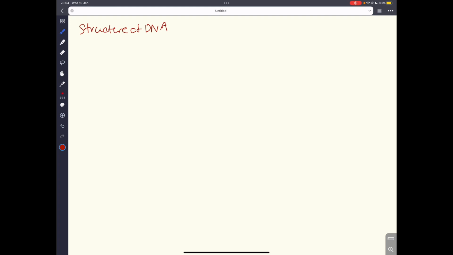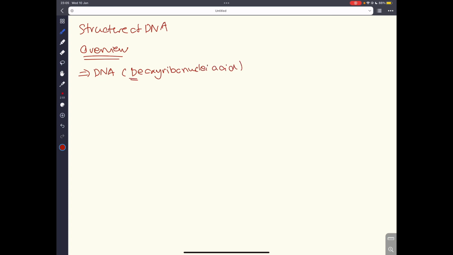Now, for an overview of the structure, you have to know that DNA stands for deoxyribonucleic acid.